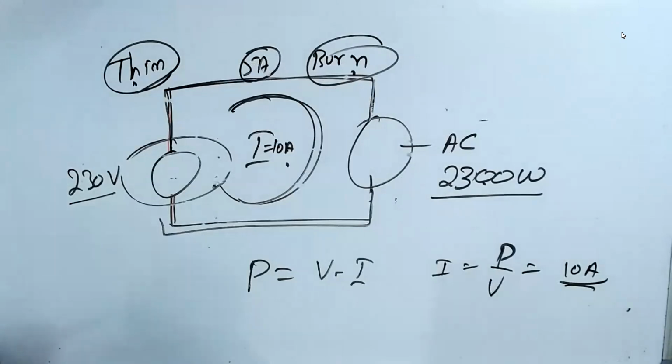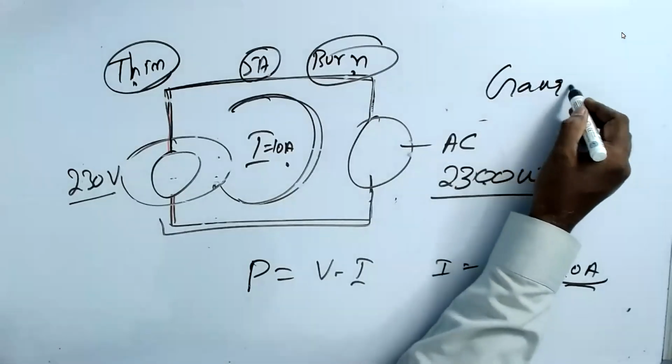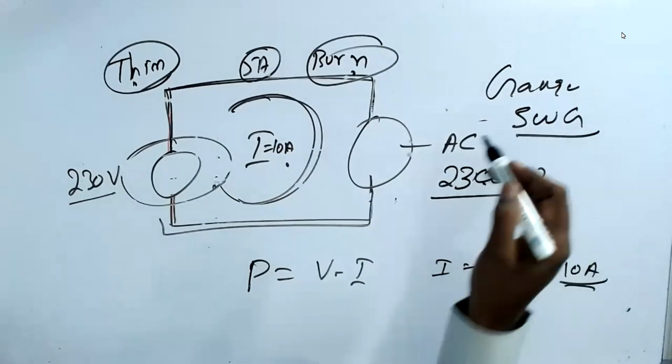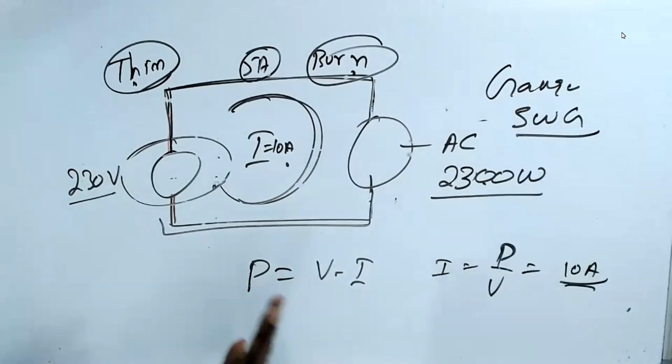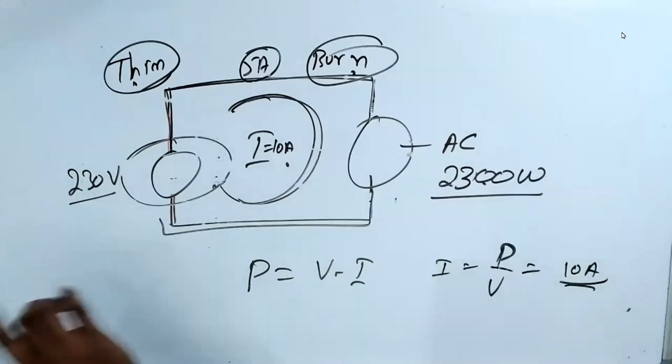So you have to be very, very careful about the gauge. They call it SWG, standard wire gauge, and that's why people are using it. So you have to be very clear.